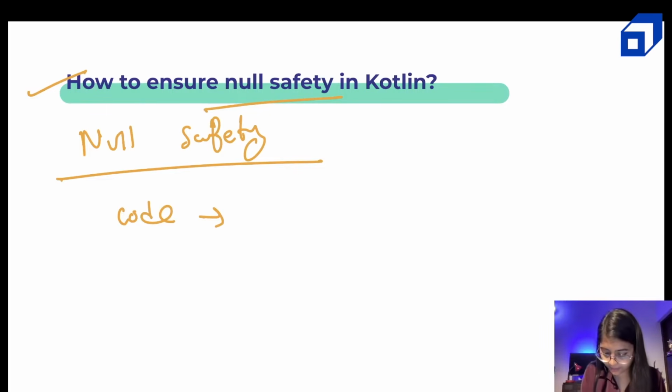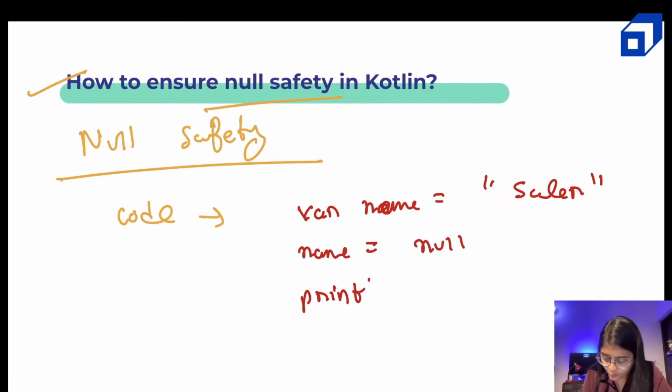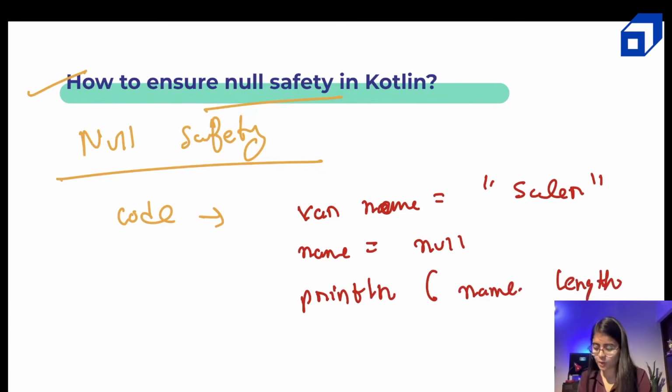So if I write something like var name is equal to scalar, and later on I change the value of name to null, and if I do println, I want to know the length of name. name.length is a built-in method, right? So name.length, I want to know the length of the string name.